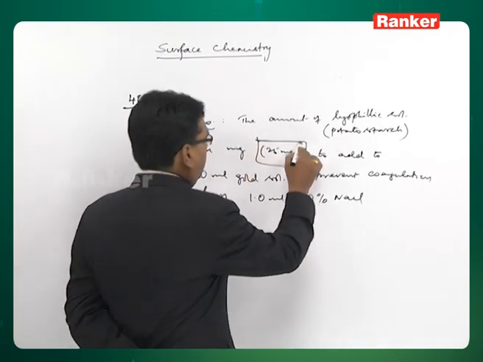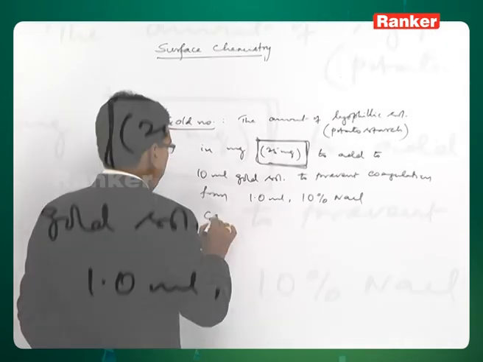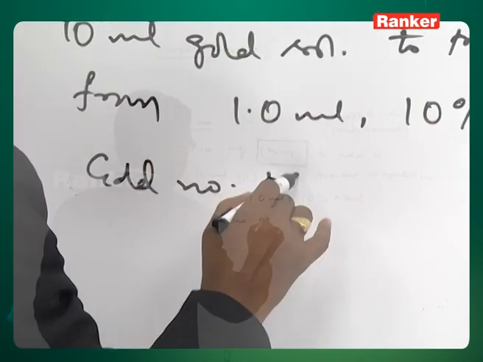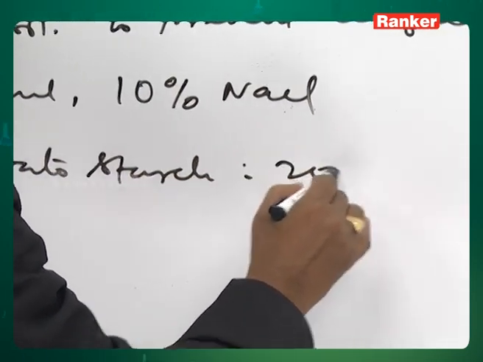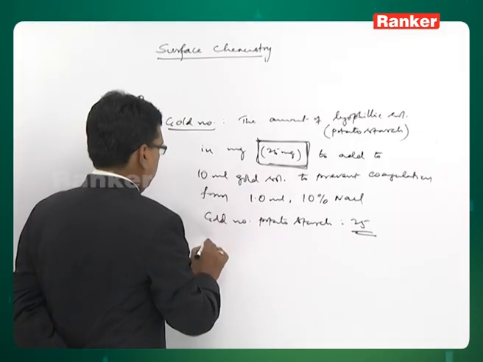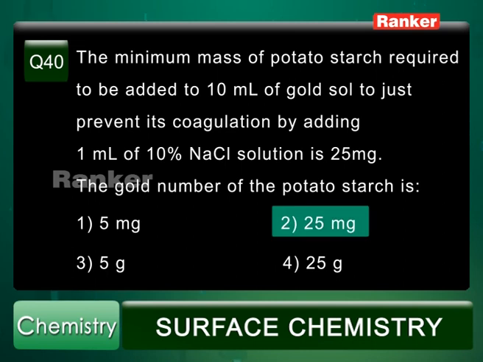So, the weight of potato starch that is required is 25 milligrams. Therefore, the gold number of potato starch is 25. So, the correct answer is option 2.